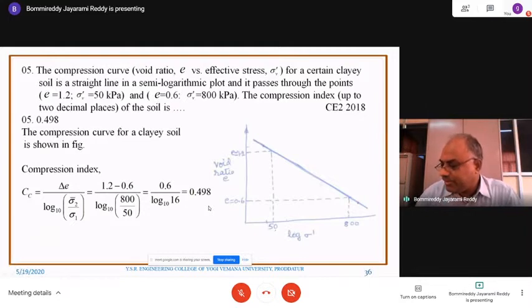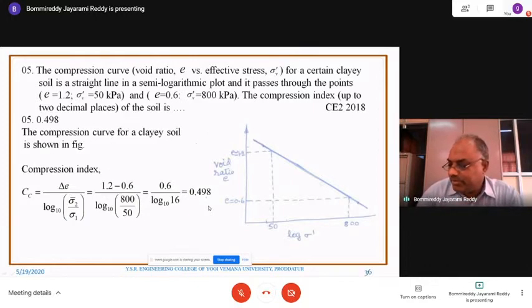So here 50 means it is log 50. 800 means it is log 800. And you know that Cc equal to delta e by log 10 of sigma dashed by sigma 1. Substitute the values, and that will be the compression index from the problem. The required value is 0.9498, and in the examination it is up to 2 decimals.